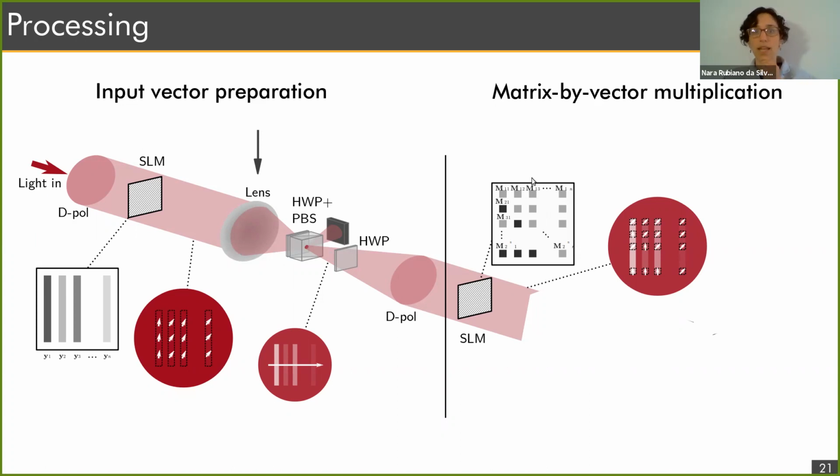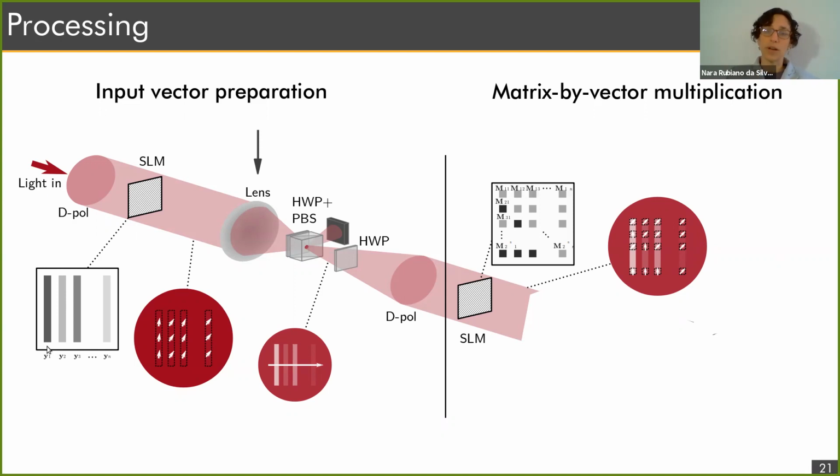And that's why it's important to have these stripes on the mask representing the vector, so we can have all elements in the first column of the binary matrix multiplied by the first element in the vector and so on.